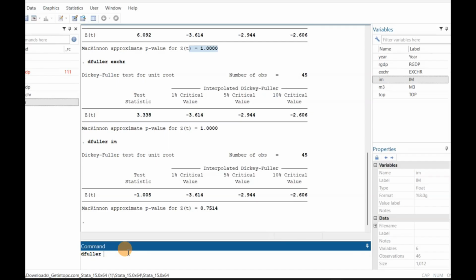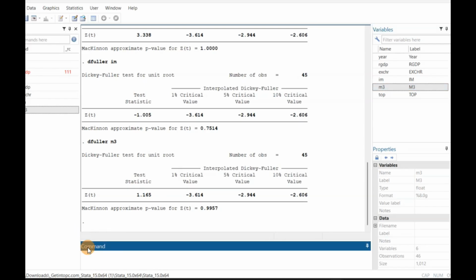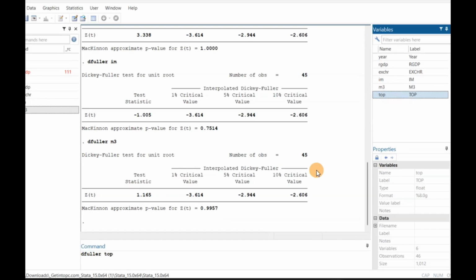And then he can also check the M3. Not stationary. Do you see? All the variables are not stationary.